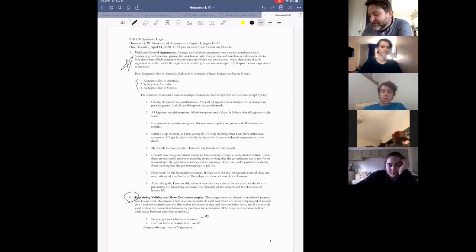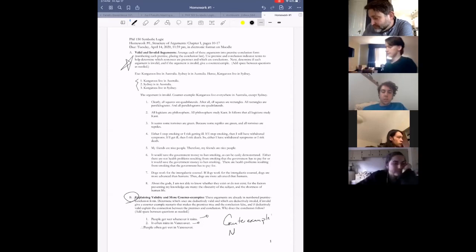But suppose Vancouver itself is empty. No one lives there. I think that would provide a counterexample to this argument. So the counterexample would be, no one lives in Vancouver.